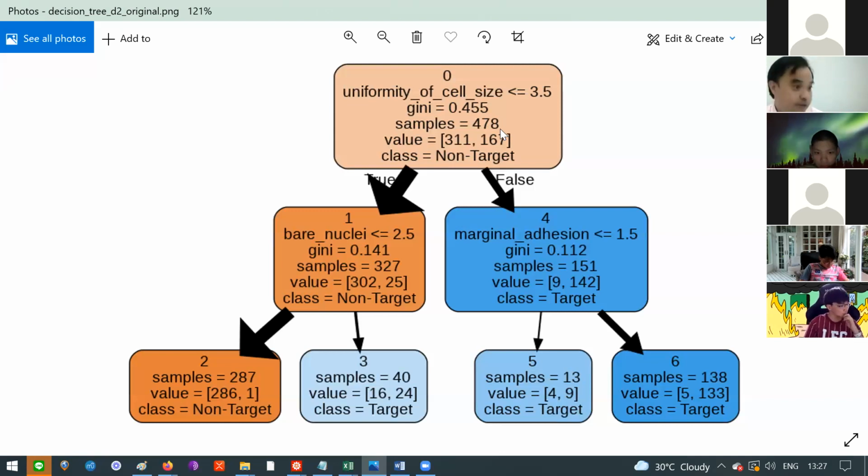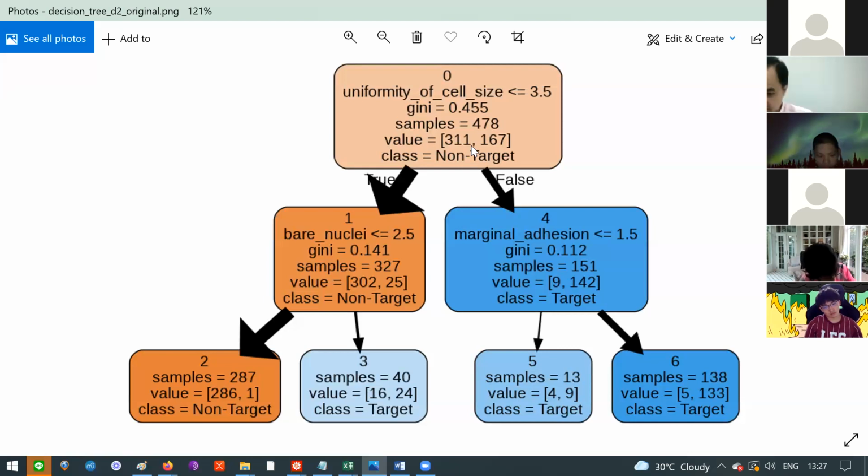Now this one happens to be labeled data, meaning we're talking about supervised learning. You know that from 478 women, 311 of them do not have breast cancer.